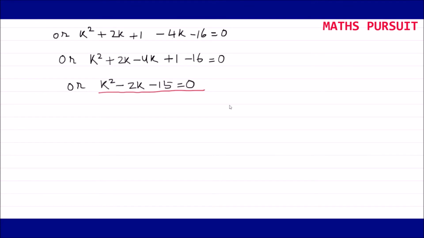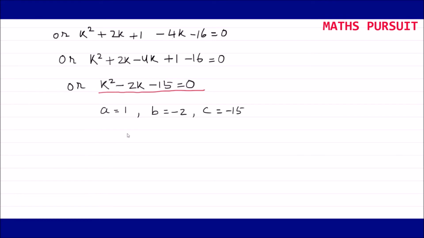So from here I can write a is equal to 1, the value of b is equal to minus 2, and the value of c is equal to minus 15.